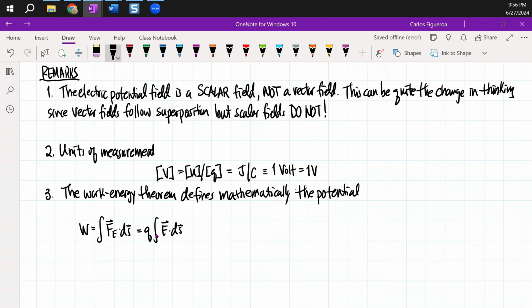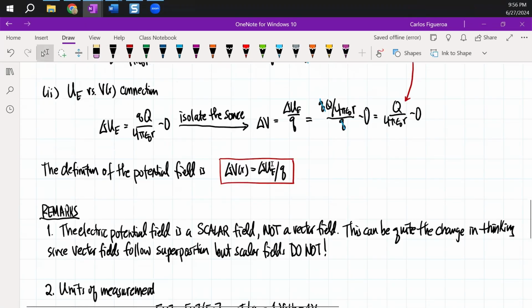So that work done by the electric field is always the negative of the potential energy function. But we've already defined the potential energy as minus Q times delta V of r. And where I get that from is from this relationship right here.